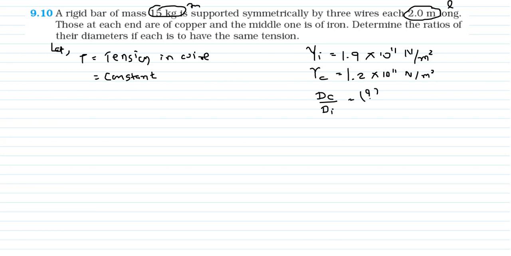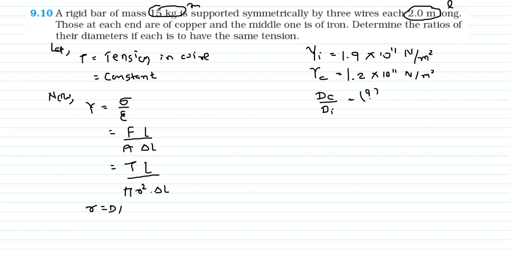Okay, so now you can say that Young modulus is given by stress upon strain. What is the stress? Force upon area, delta L upon L. चलो F is equal to क्या होगा, tension T, A is equal to pi r square into delta L. Now see what is the radius?